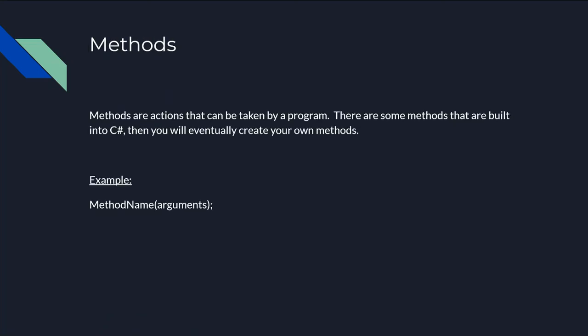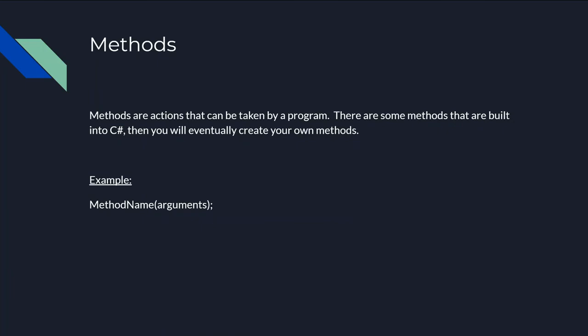Methods. Methods are actions that a program can take. We're going to use a lot of methods that are built in. Some of them are built into C#, some of them are built into Unity, and then eventually we'll be making our own methods. The way methods look is we start off with the method name, and you'll notice with the name it uses camel case. In C#, the naming convention is that if it's a method, it starts with an uppercase letter.